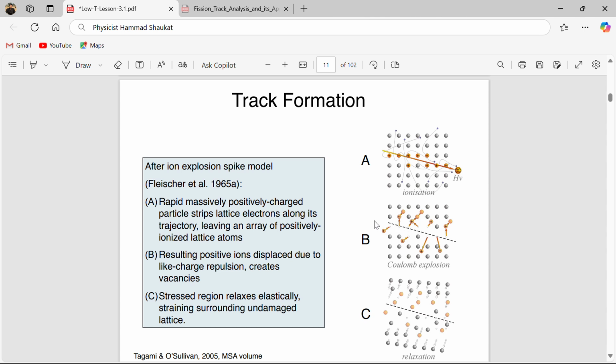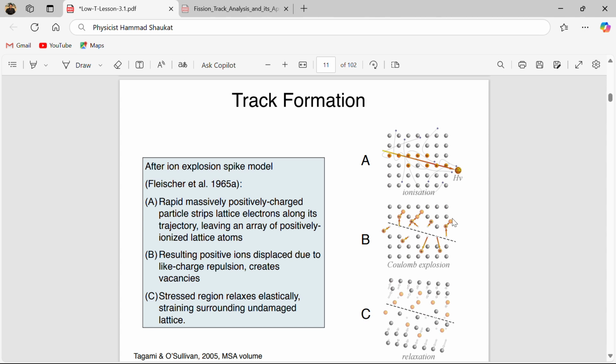As the holes form near the track, the majority are positively charged holes, and positive charges repel each other. So the holes repel each other, and a vacancy forms near the track. Now the track becomes permanent.